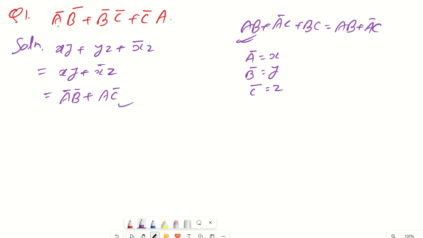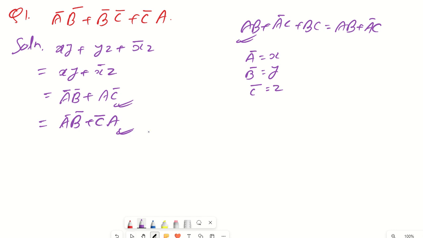Okay, so this is the answer. If you want, you can rewrite it as A bar B bar plus C bar A. Both are the same, C bar A or A C bar. So this is how you can relate it, with all complemented terms, and this is going to be the solution.